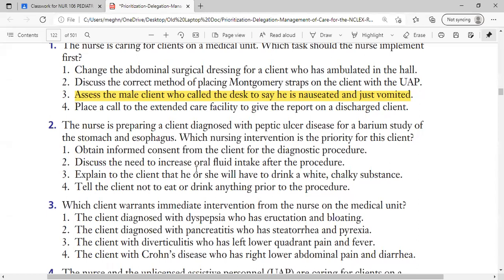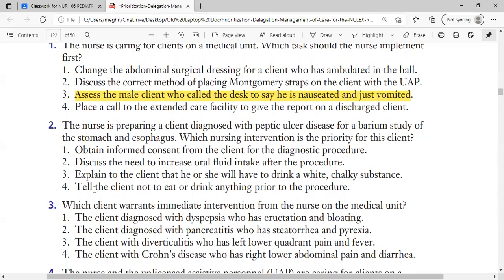Oral fluid is important, but not the priority. Number three is not the answer because the client will have to drink a white chalky substance, but the priority intervention is to make sure the client is nothing by mouth.